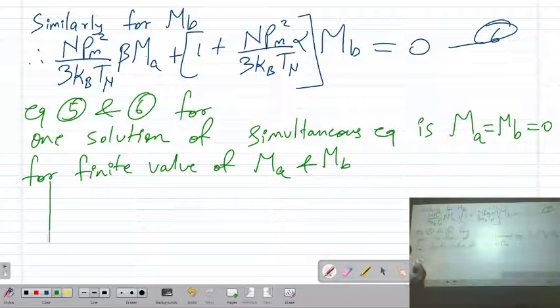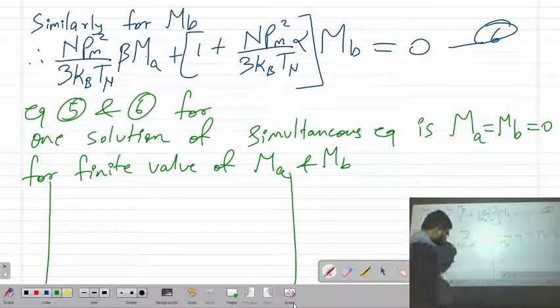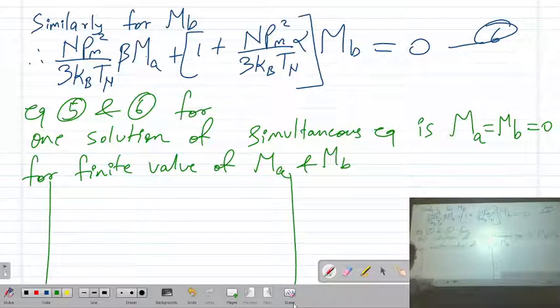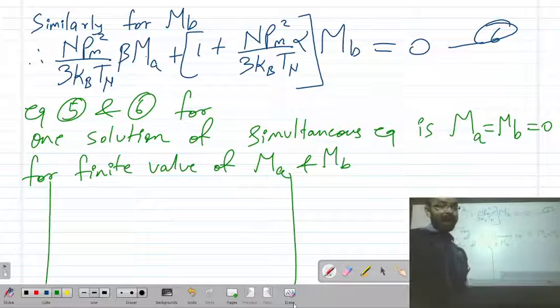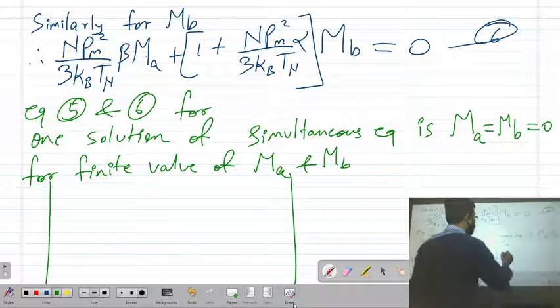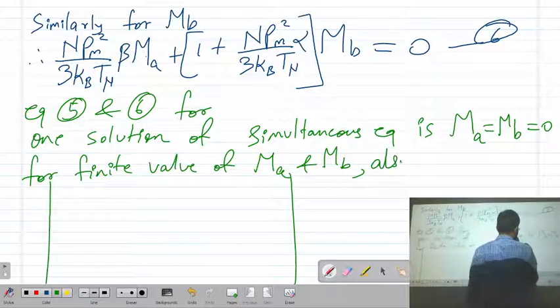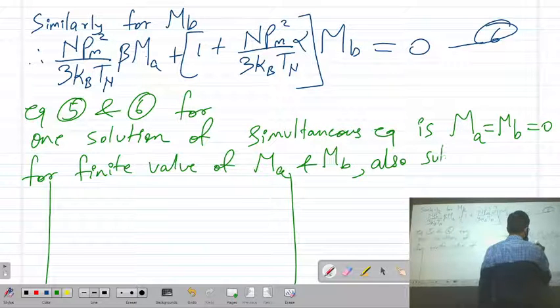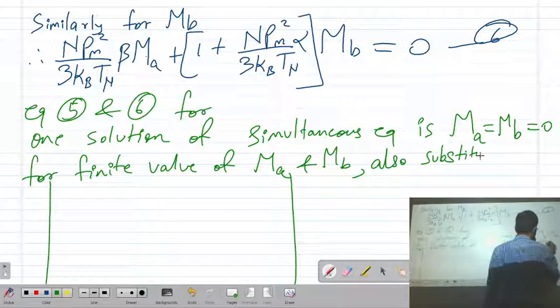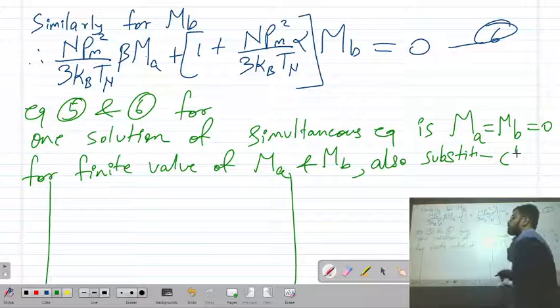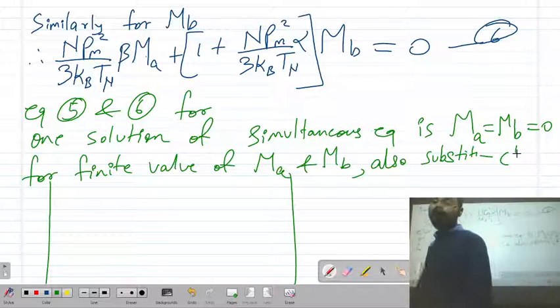In the form of two equations, we will have determinants. We will also substitute C dash.